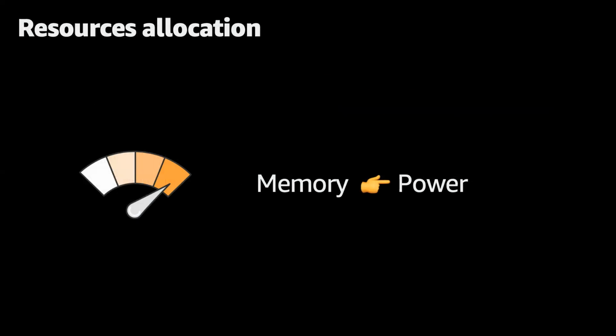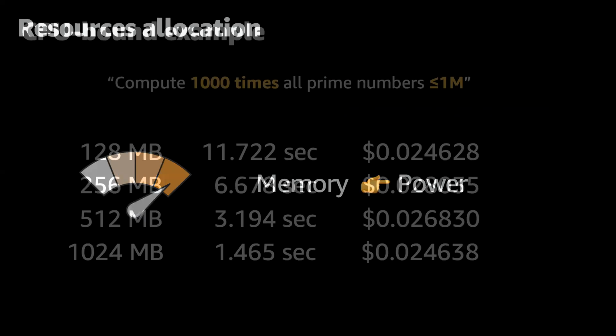I've already mentioned this very fundamental idea that memory in Lambda is actually power. If you give your function more memory, you're giving it more CPU, more throughput, more networking, more everything.